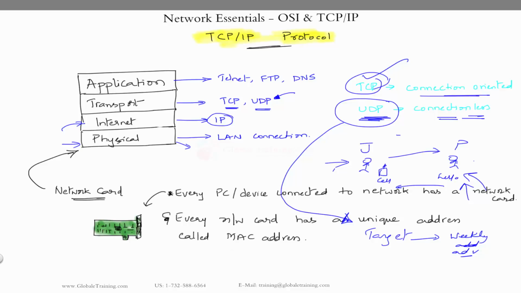But for now, think in terms of the fact that every network card comes with a MAC address or a physical address that is burnt into the chip by the manufacturer. That MAC address is used for communicating between the systems at the physical layer.